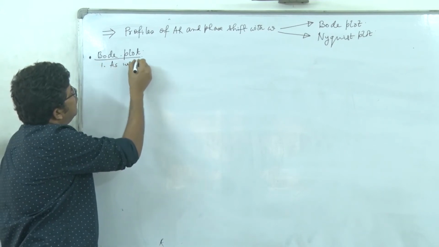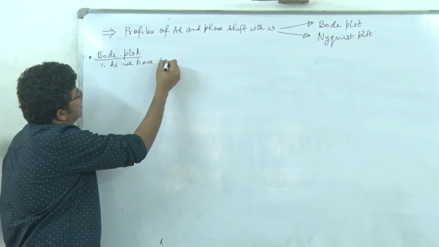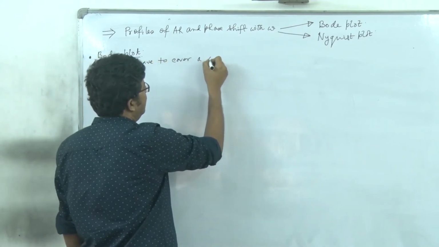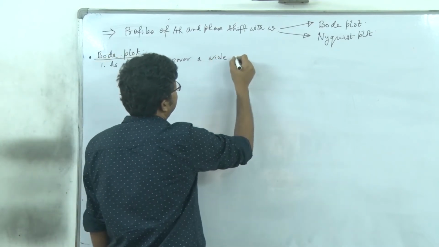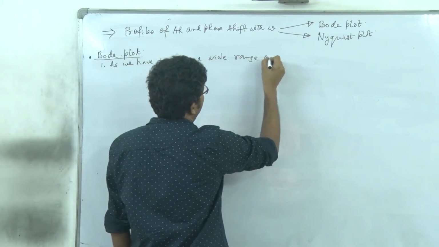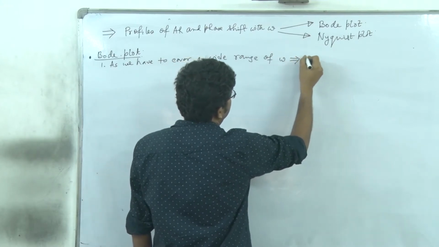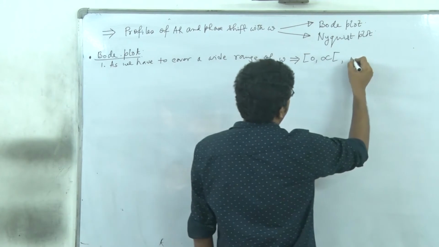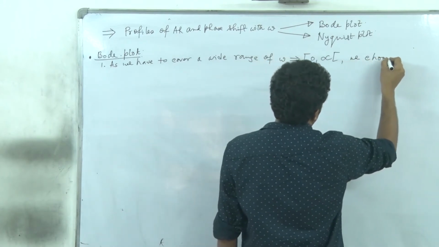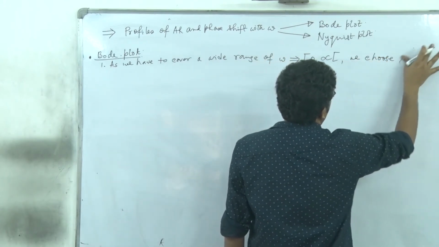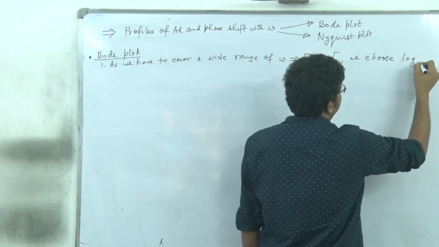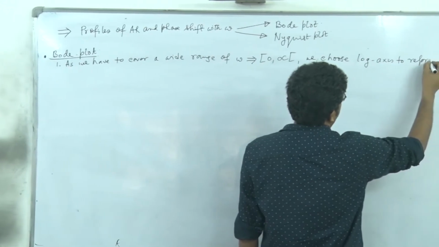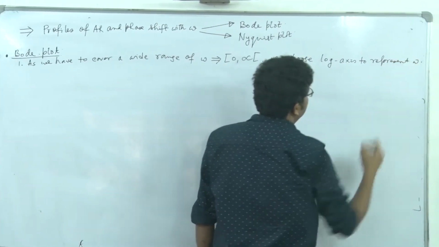As we have to cover a wide range of ω, starting from 0 to a very large value, we choose a log axis to represent ω.